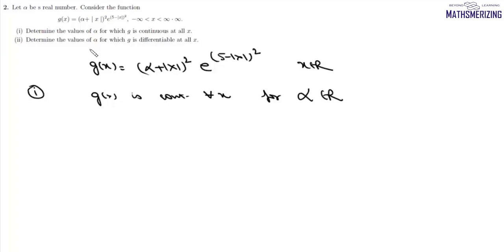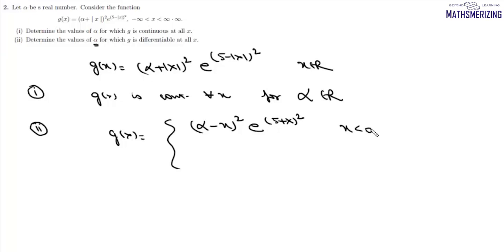Now the second part is, determine the values of alpha for which g is differentiable at all x. For the second part, we can express this definition of g(x) as (alpha - x)^2 e^(5 + x^2) if x is less than 0, and (alpha + x)^2 e^(5 - x^2) when x is greater than or equal to 0.